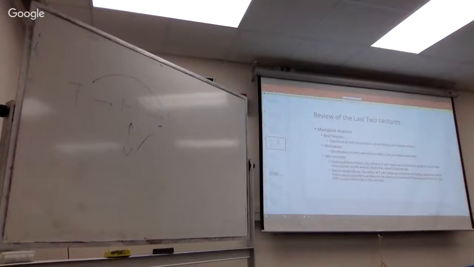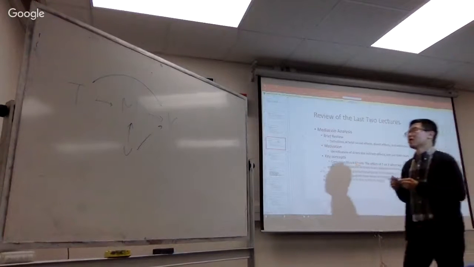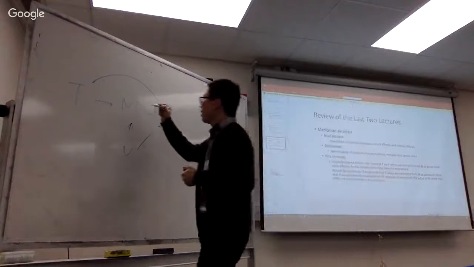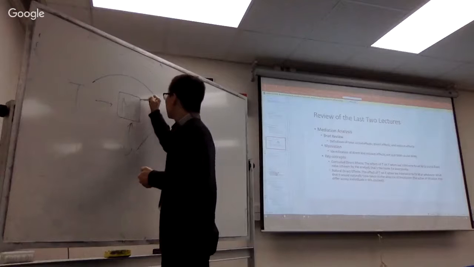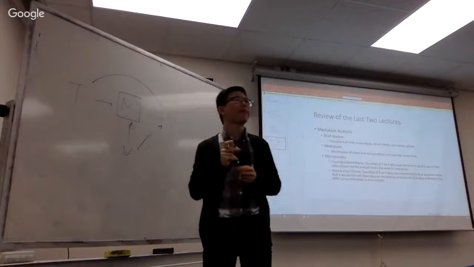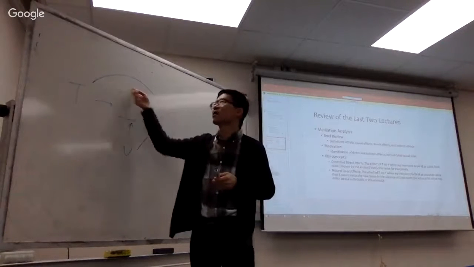It is called controlled direct effect because it's the effect of T on Y when we intervene to set M to some fixed value that's the same for everyone. You are still controlling for M to identify the effect of T.